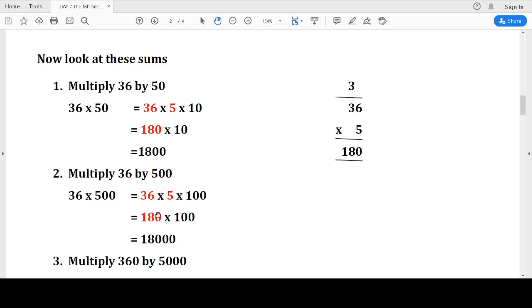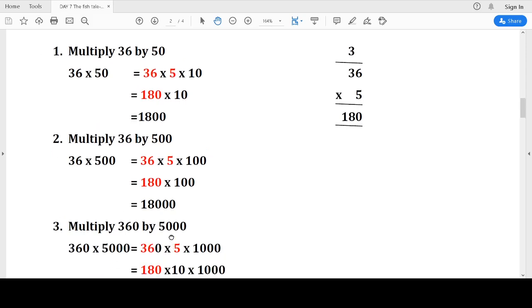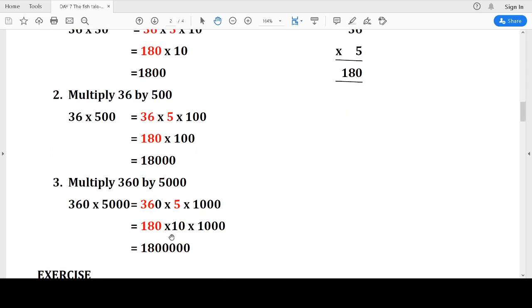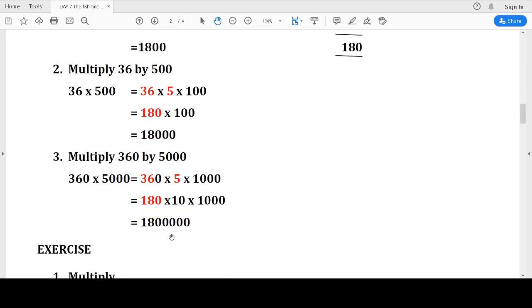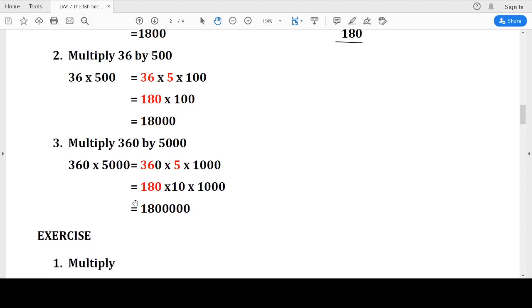So 36 fives make 180 into 100, which makes 18,000. Similarly, if you have to multiply it by 5,000, I will write it as 36 into 5 into 1000. So it makes 1 lakh 80 thousand.